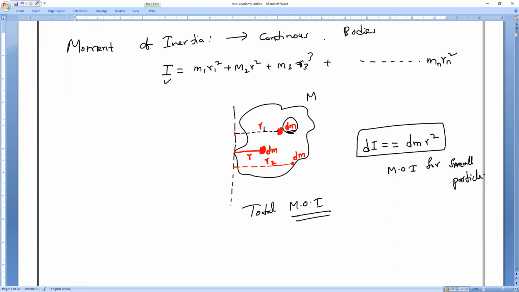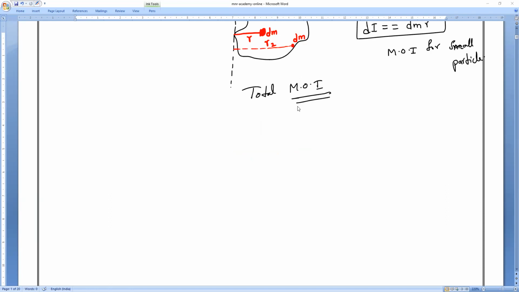Now to find the total moment of inertia, we have to use some mathematical operation. What is that, everybody? We have to find the total, so we apply the concept of integration. So integration of dI is equal to integration of dm into r square. Integration of dx is x, so integration of dI is I. So the total moment of inertia is equal to integration of dm into r square.